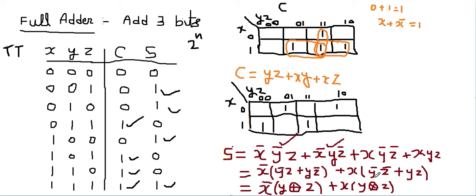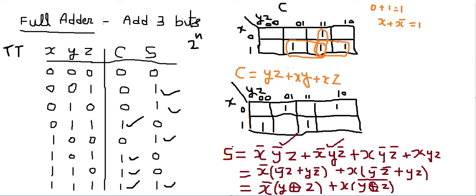So they are opposite to each other. So we can write y plus z, complement. We can write this as a plus symbol with its complement.